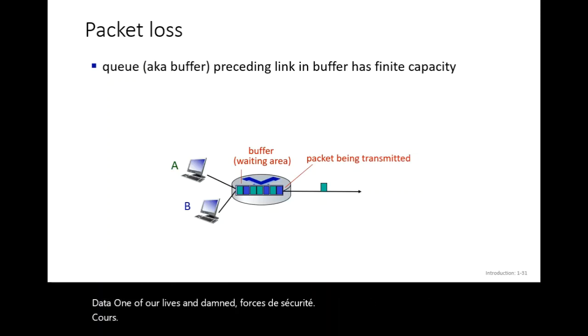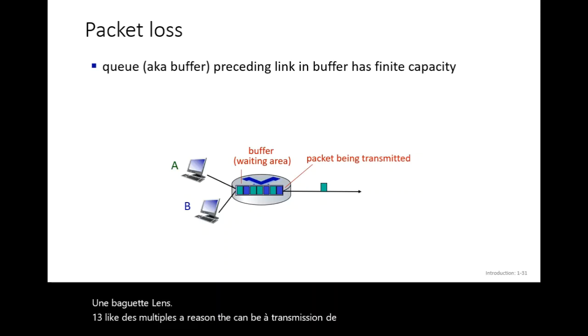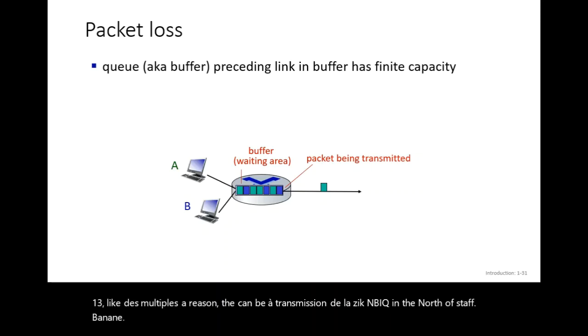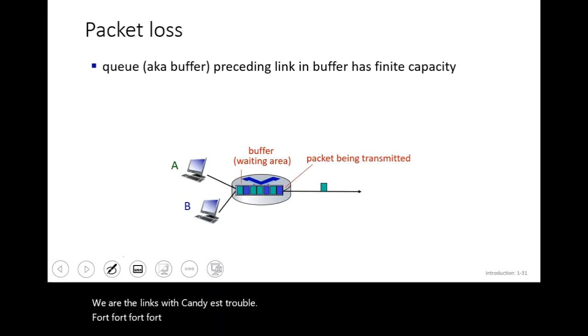Now we're speaking about packet loss. Don't worry, we are about to end this lecture. Packet loss has multiple reasons, as we saw. It can be transmission delays, it can be queuing delays, and so on. But the link can also be a problem for our packet, causing either data loss or very hectic delays.